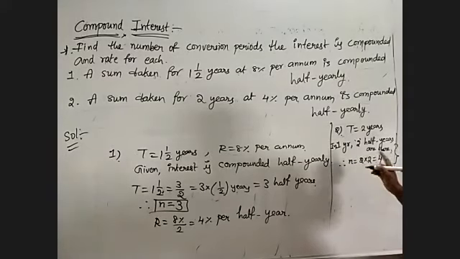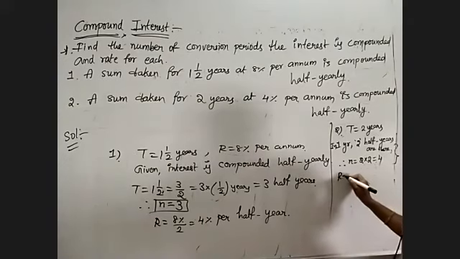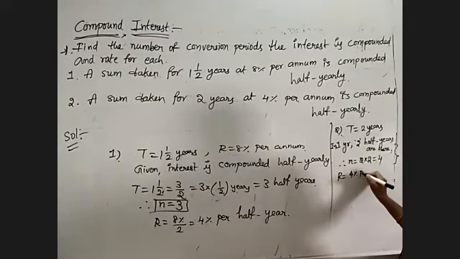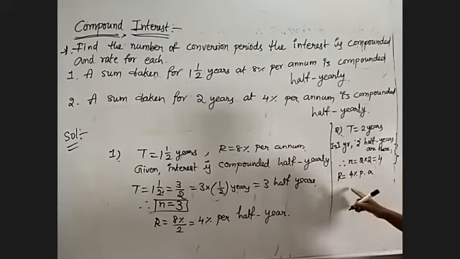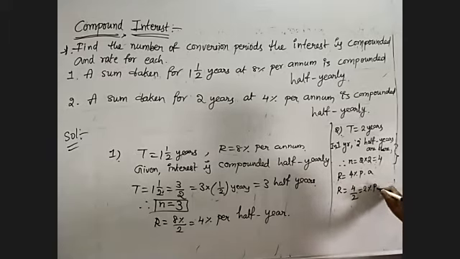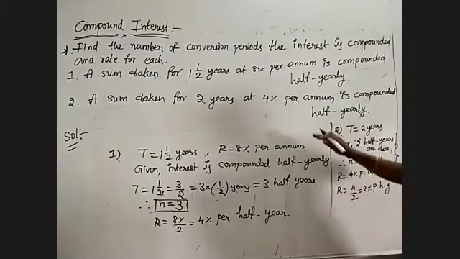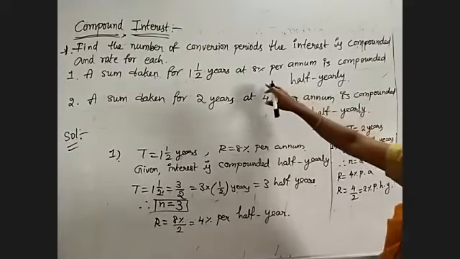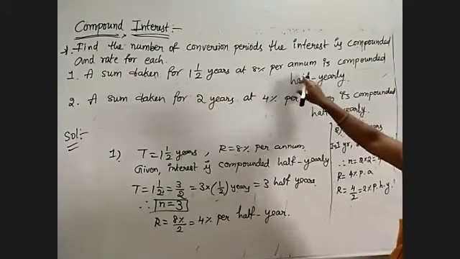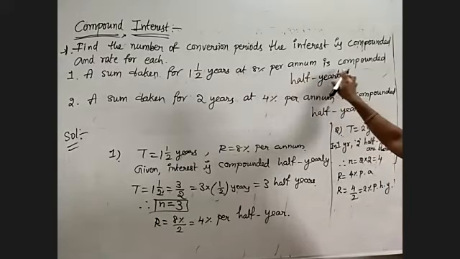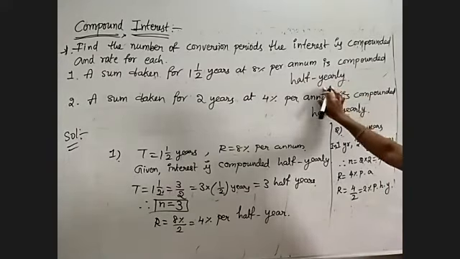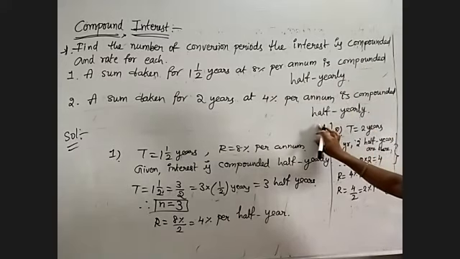Understand? Then, rate of interest is equal to 4% per annum given. Now, we must find out for half yearly. That will be 4/2, which is equal to 2% per half year. Understand? So these are the different values that change, and they are asking us to find out how many conversion periods we are getting and how the rate of interest is changing when the interest is compounded half yearly for both the cases. Understand? That's all.